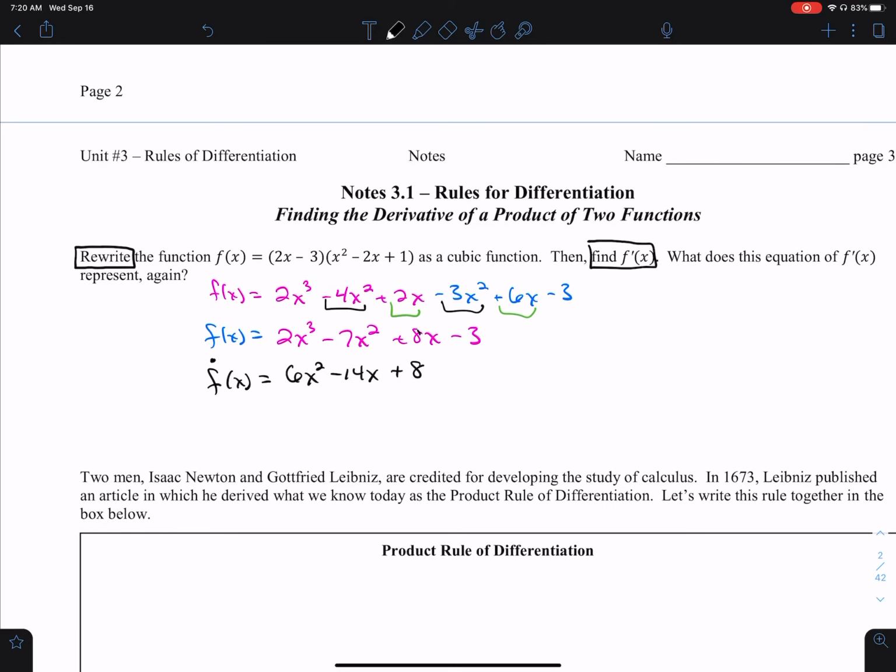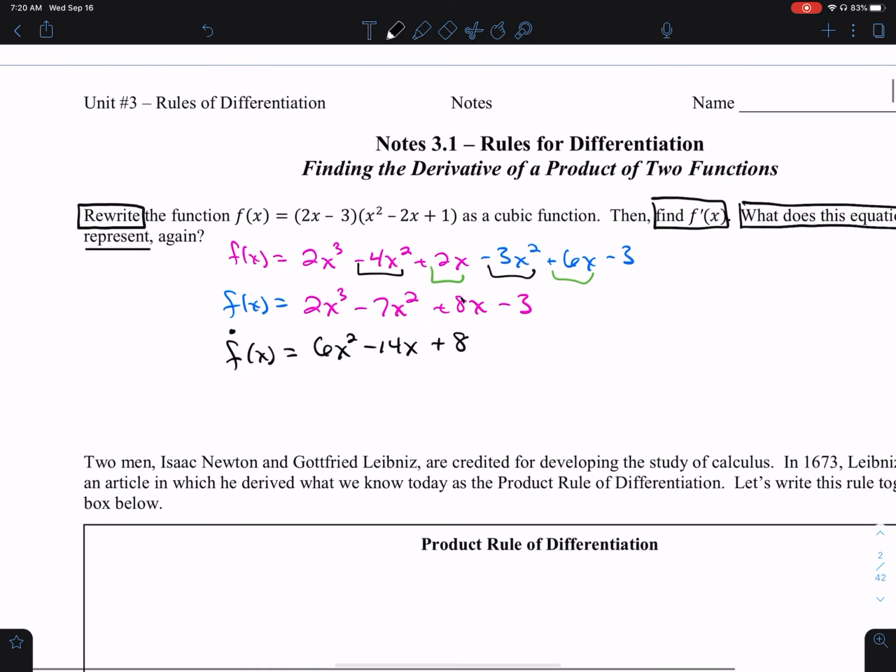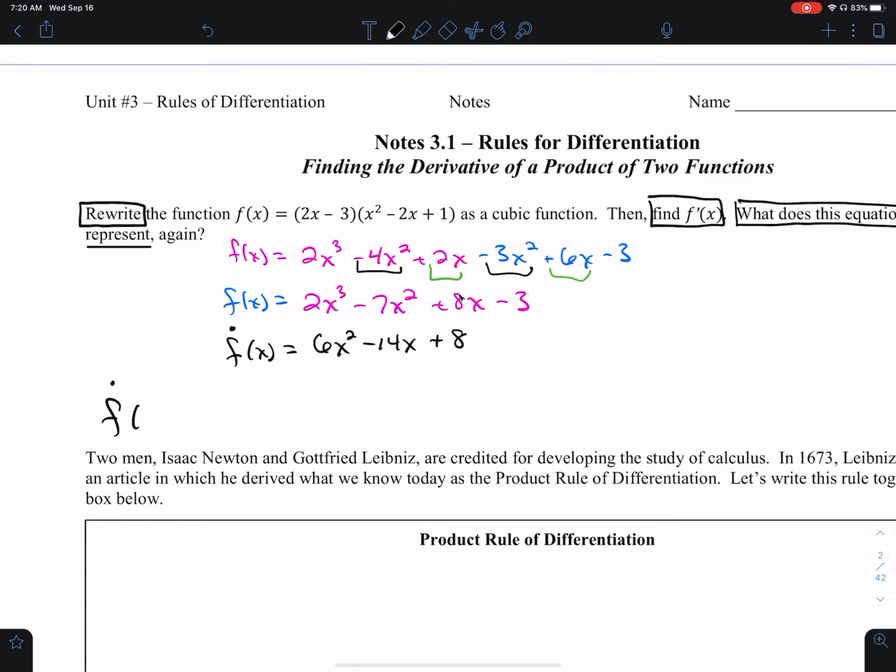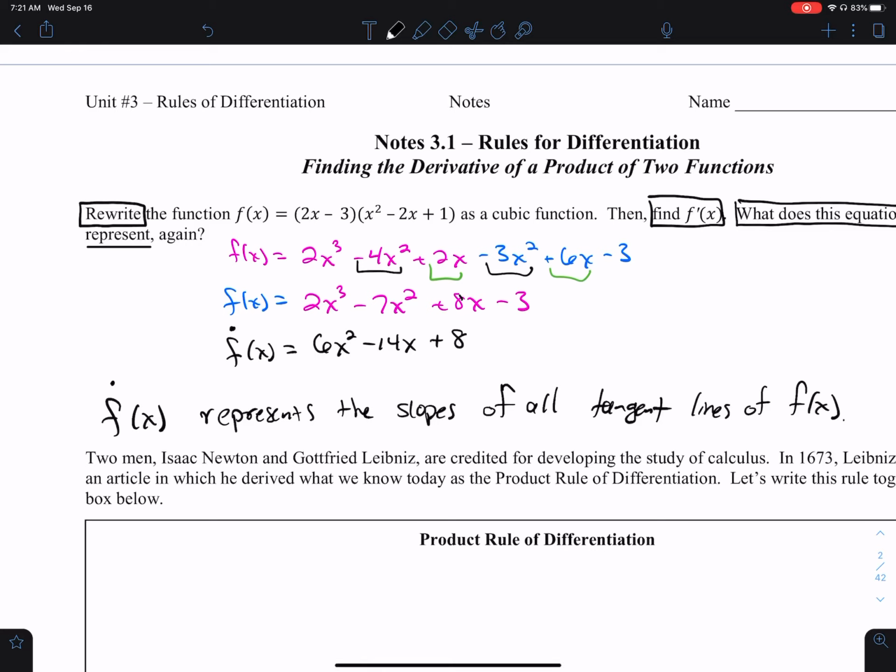And then we're supposed to figure out what this equation represents. f dot of x, or f prime, represents the slopes of all the tangent lines of f of x. This is how we would do this problem.